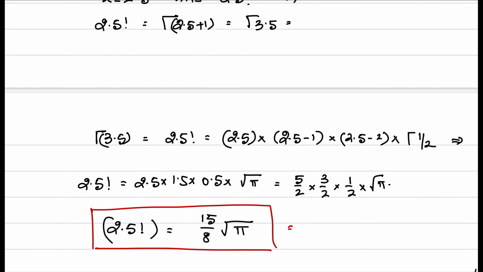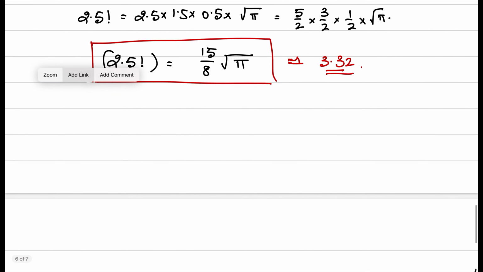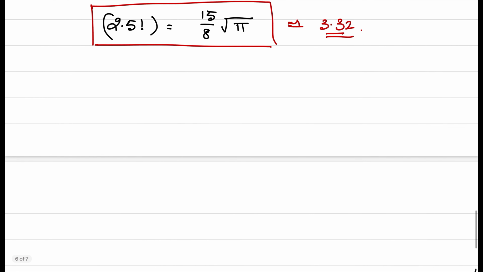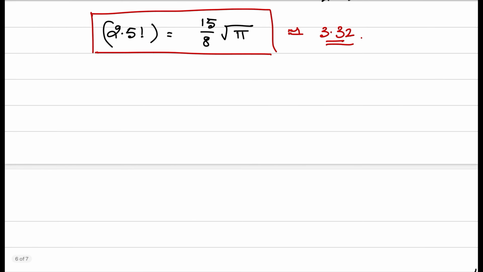Very important value. That is approximately equal to 3.32. Approximately equal. If you calculate the pi value, you know, 15 by 8, you can calculate it very easily.